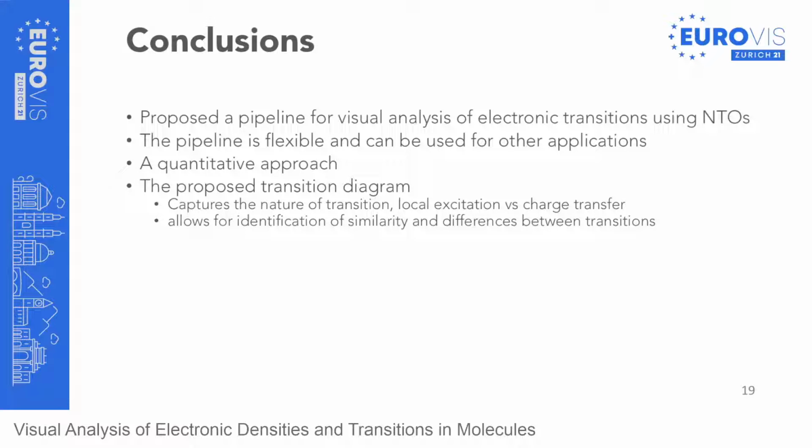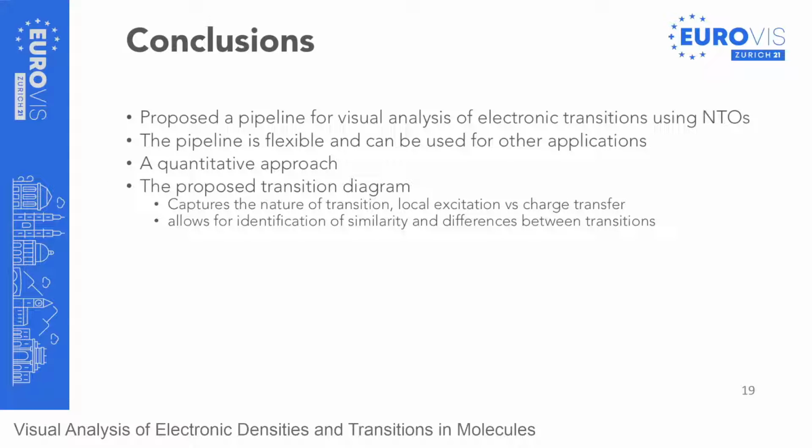So the main takeaway is that a quantitative approach is better than qualitative isosurface-based visualization, which has been the norm in this field for so long. We also propose a transition diagram which captures the nature of the transition accurately, whether it is a local excitation or a charge transfer kind of excitation.